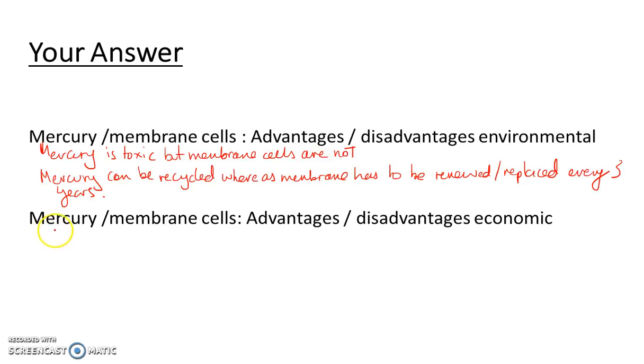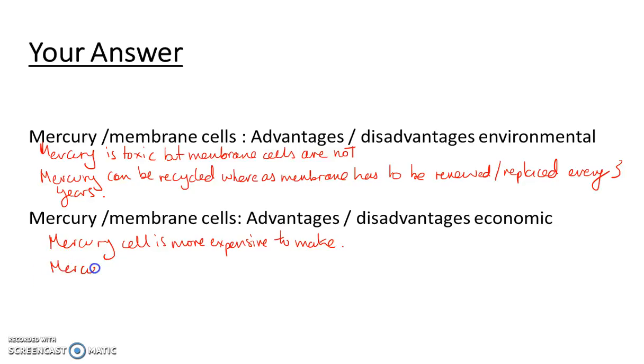So let's think economically. Well, obviously the first one is the mercury cell is more expensive to make. Easy mark there. Then we've got to think about electricity.